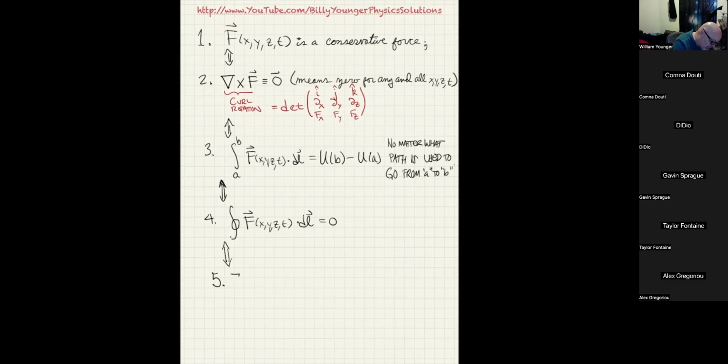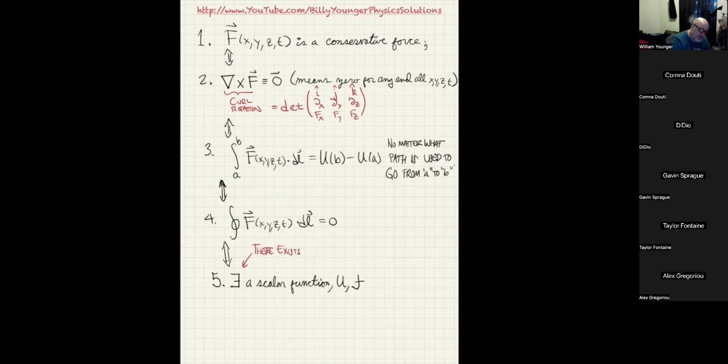First off, I'm going to write an upside down and backwards E, because the upside down and backwards E means there exists a scalar function U such that.